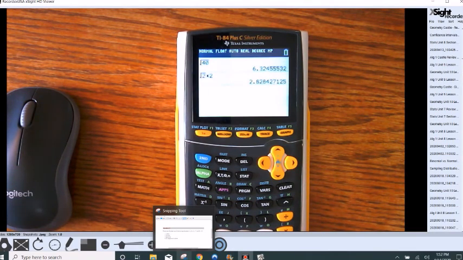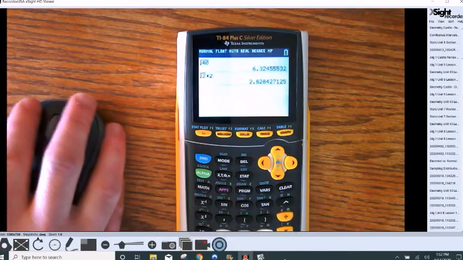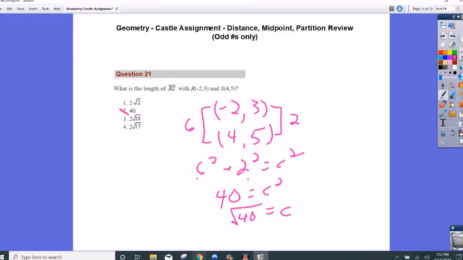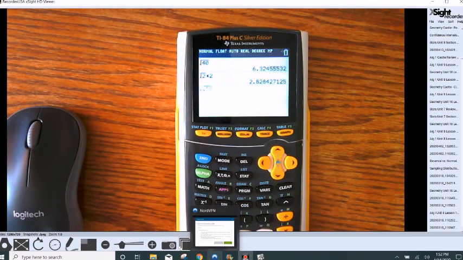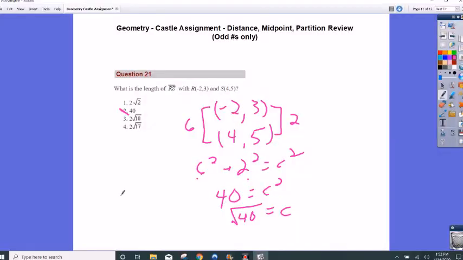Nope. The next choice was 2 radical 10. 2 radical 10. Hey, there it is. Now, could you do that by hand? Of course you could. But I think it's easier with a calculator.